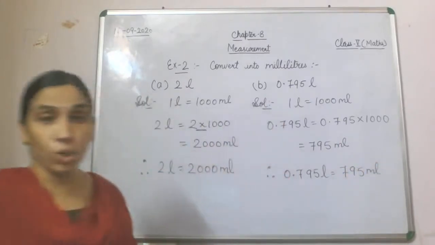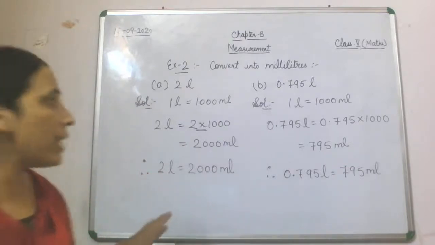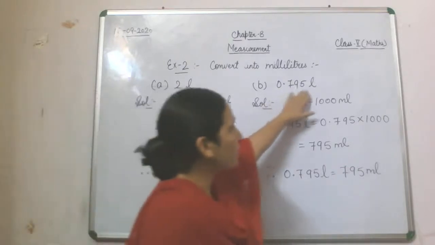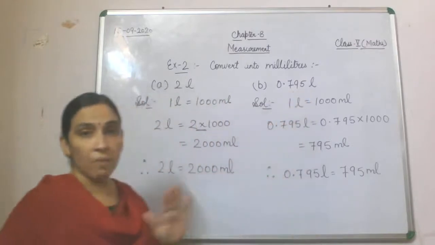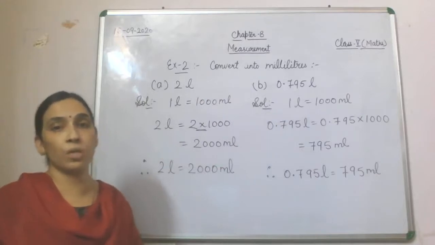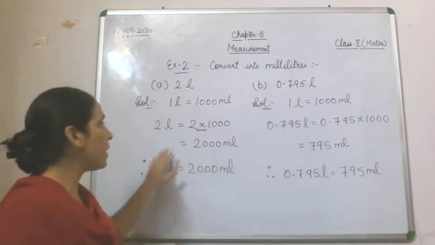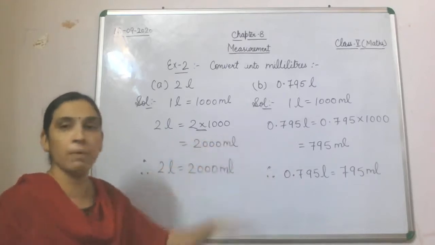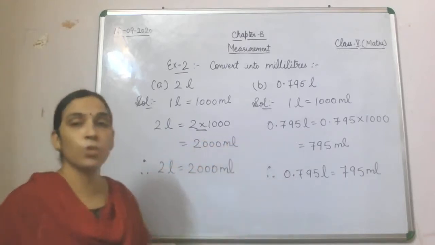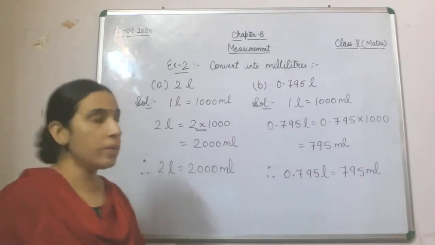I hope there is no doubt in these two questions, that this is given in liter. Whenever you have been given anything in liter and you are supposed to convert it into milliliter, you will do multiplication. 2 will be multiplied by 1000 and there 0.795 will be multiplied by 1000.